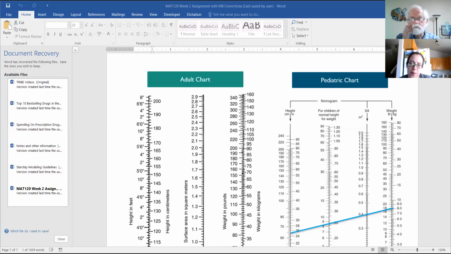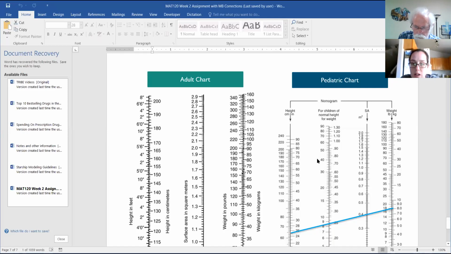So on the pediatric chart right there, when they're specifying that a child is of normal height, or it doesn't give the height but gives the weight, you would still use that portion of the chart, correct? Yes, you would.